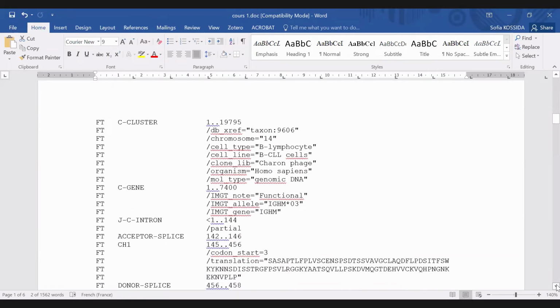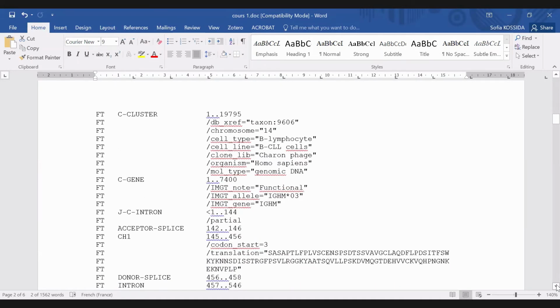And then it starts giving you the C cluster. I don't want to give you the answer. The first question is, which is the gene or the allele in this sequence? What would be your answer?